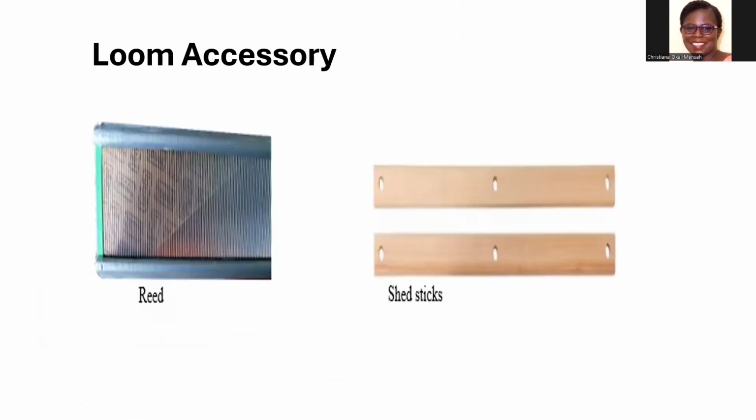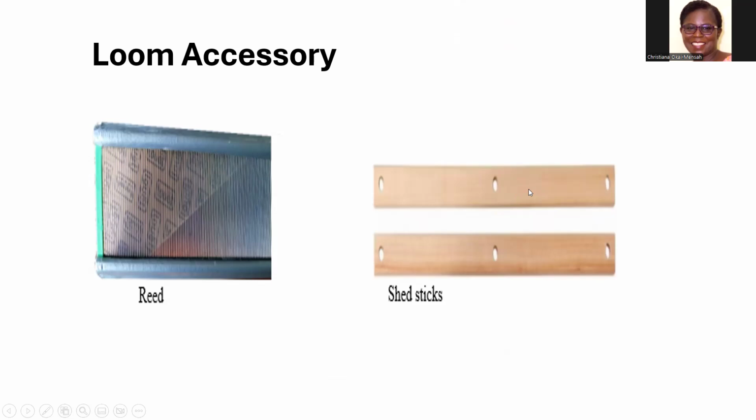So these are accessories. So we have the shed sticks. The shed sticks are also not what? Part of the loom. But I have told you, when we're doing the warping, you need the crosses. So when you remove the warp yarns from the warping mill, you need these to do the crosses.